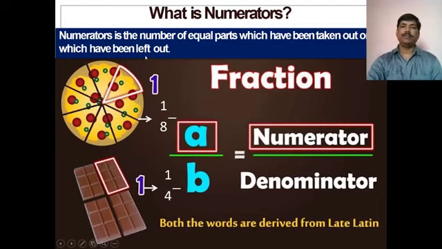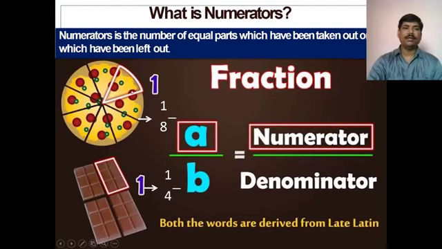Numerator, what is the numerator? Now we will define the numerator. How can we identify the numerator? The numerator is the number of equal parts which have been taken out or which have been left out.